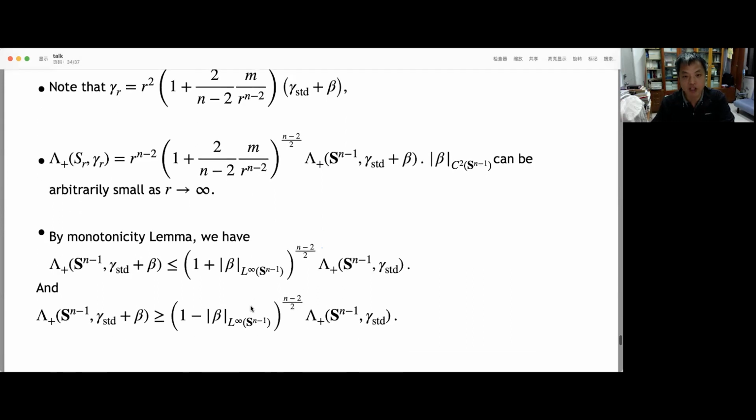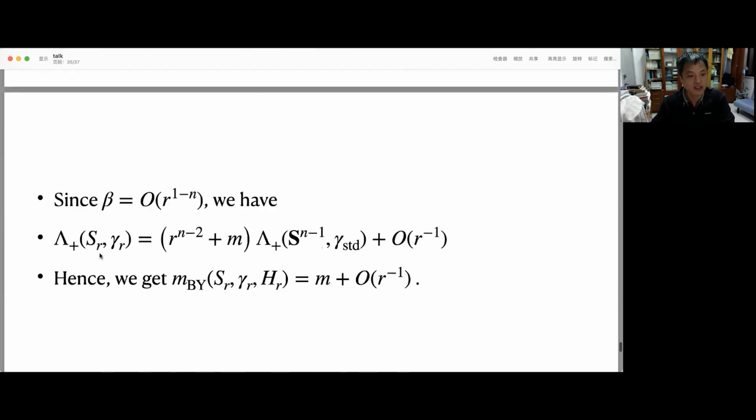And then by the monotonicity lemma, we see that lambda plus of this equals zero. And also we have this. We can estimate these ones. And then combining all those things together, we get that lambda plus of the coordinate sphere is equal to this one. So we get the limit of the Bartnik mass must be the ADM mass. And this is always non-negative, so M is non-negative, which is the theorem of positive mass theory.